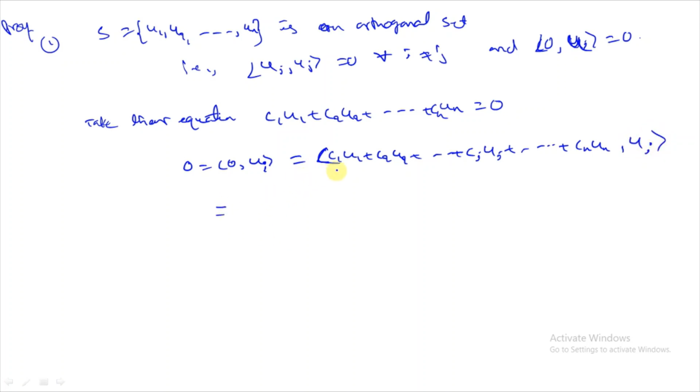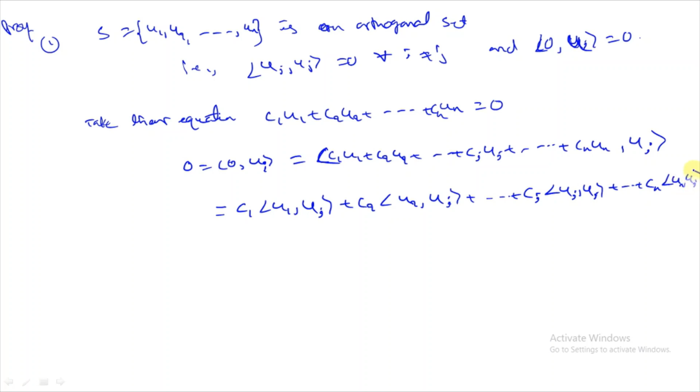Now write the inner product out. C1 is a constant. You can write C1 inner product of U1 comma Ui plus C2 inner product of U2 comma Ui plus and so on, Ci inner product of Ui comma Ui plus and so on, Cn inner product of Un comma Ui.